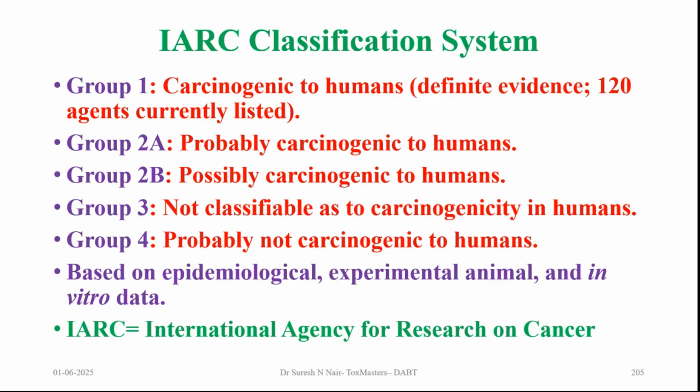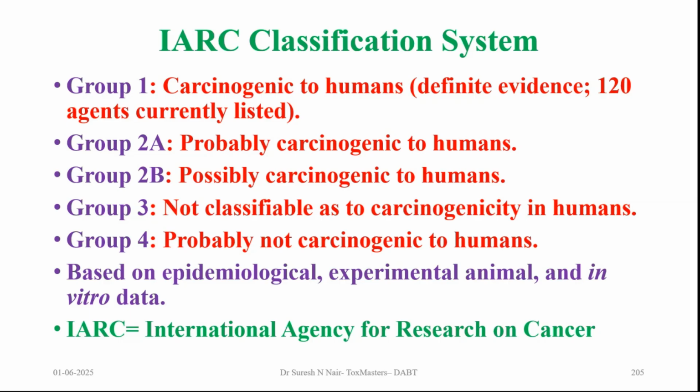Okay, they have given us a table also. So generally, group 1 includes those carcinogenic to humans, with definitive evidence. Okay, 120 agents, but it is not 120 actually. Now the number has been increased. This is as per the last version of the C&D textbook that is given to us.